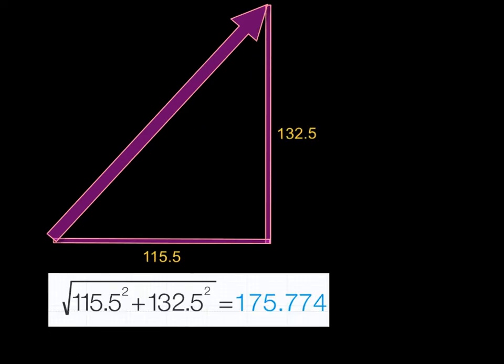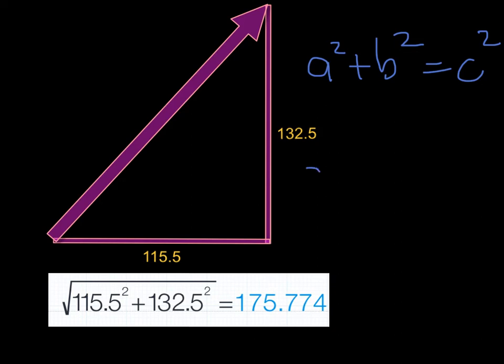So now that we've calculated the horizontal and vertical components of the resultant vector, we can use the Pythagorean theorem to calculate the magnitude of the resultant vector. Recall that if we square both short sides, or legs, of the triangle and add them together, we obtain the hypotenuse squared.